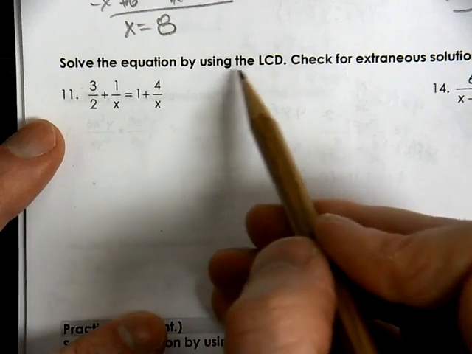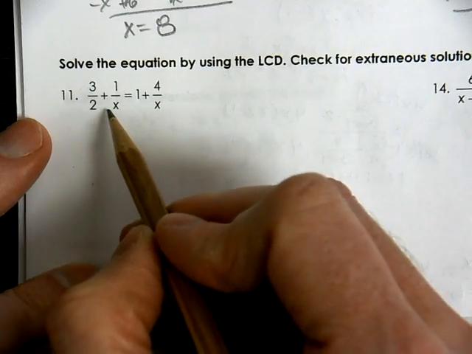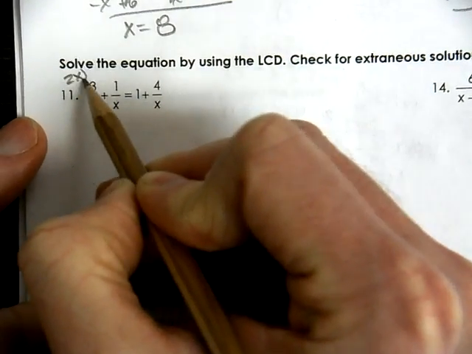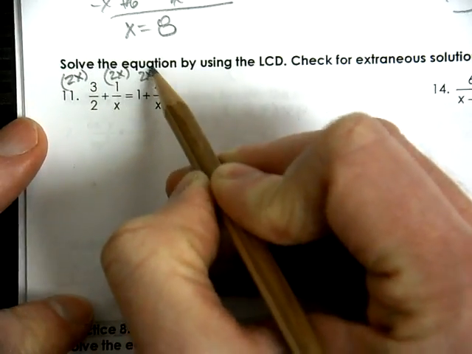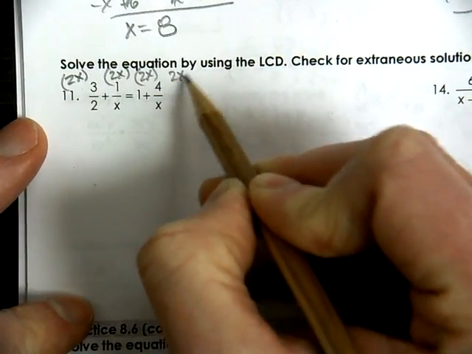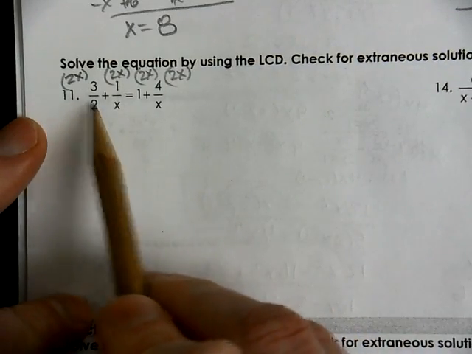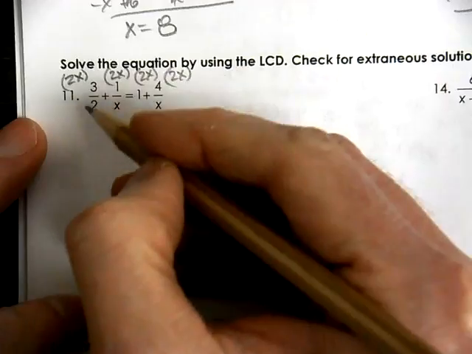Solve the equation by using the least common denominator. We could multiply each term by the least common denominator. Or we could multiply by just the 2 and then later just the x, or the 2x together, your choice.